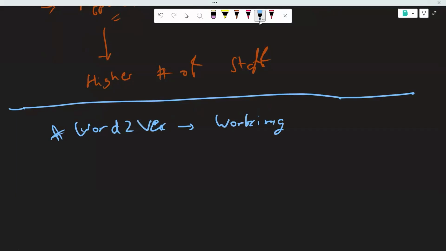So to discuss the working logic, we'll take an example, and using that example, we'll see how we can understand this. So let's say we have a few keywords.